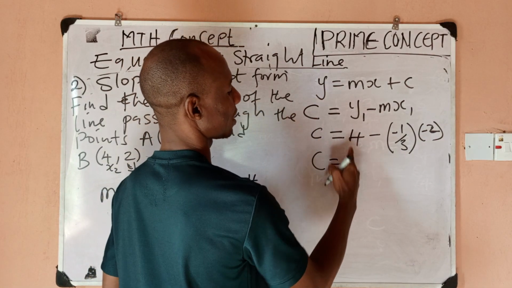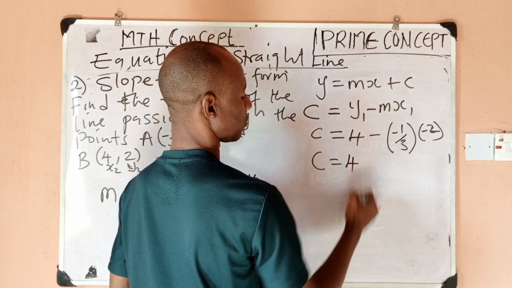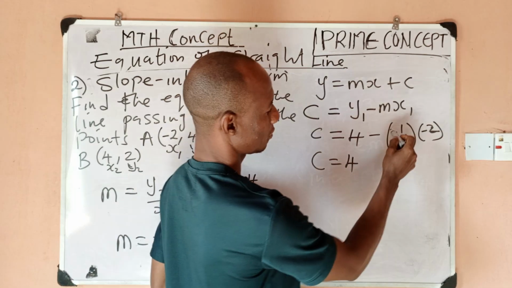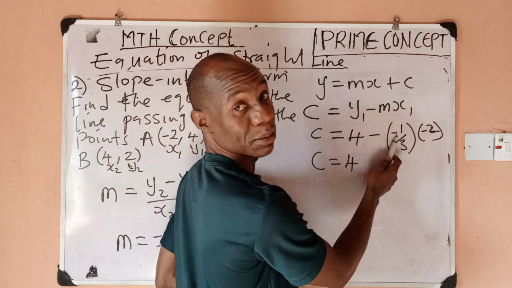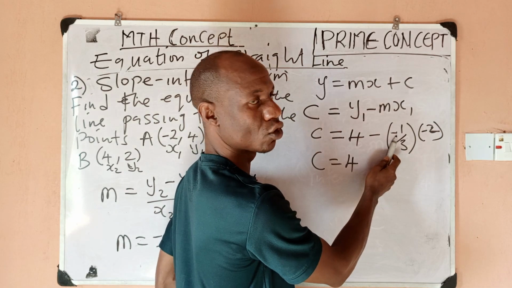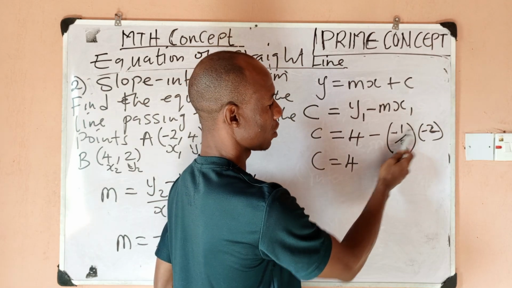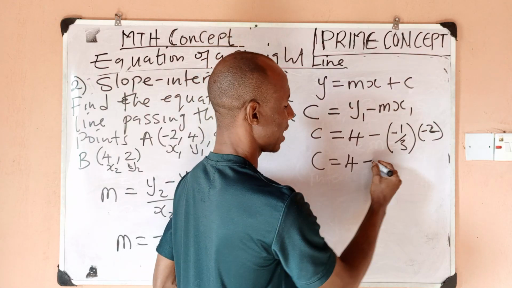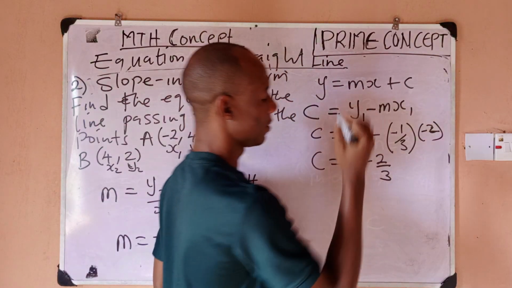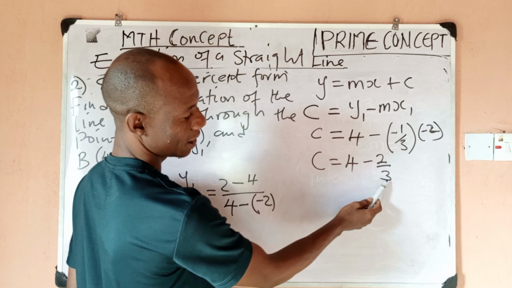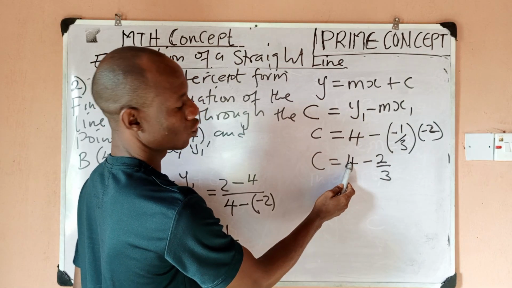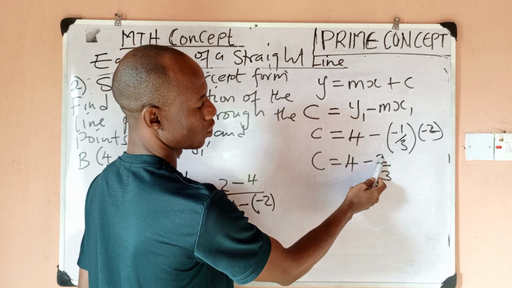So my intercept c is going to be 4, then I have minus 2 times minus 1 over 3. Minus 2 times minus 1 is plus 2, plus 2 times this becomes minus 2 over 3. So if you do the LCM, you simply say 3 times 4 is 12, 12 minus 2 is 10.